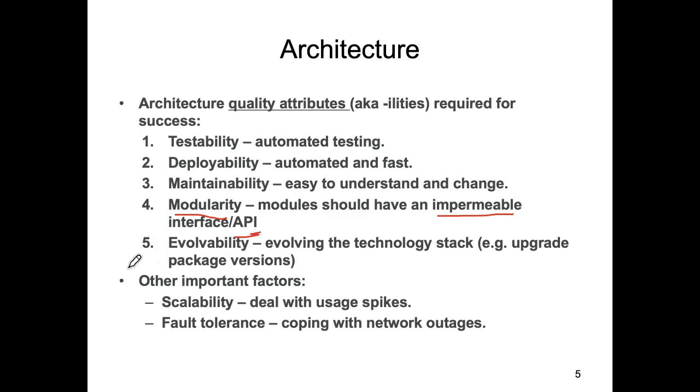So they're all qualities, I'm saying, of a good architecture. And the other ones I mentioned down here are equally important. The scalability of your application is key as well, certainly if your application is deployed to the web, it needs to be scalable. And does the architecture actually facilitate that? And the last one is fault tolerance.